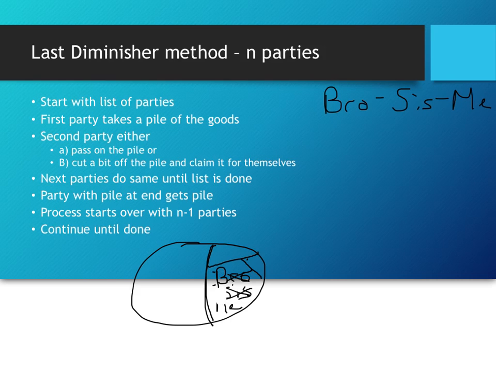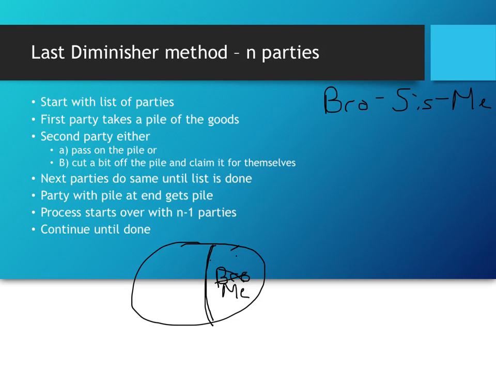Now, I want to point out something. If my brother claims this pile and my sister passes, okay, she just passes herself, so I still have the option to cut off and throw off my brother and claim that pile as my own.